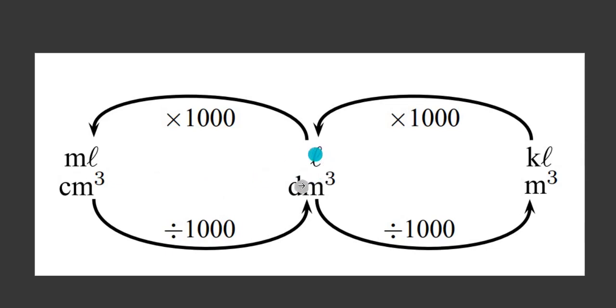You should know that 1 liter equals 1 cubic decimeter, and if they give it to you in milliliters, you will know that 1 milliliter equals 1 cubic centimeter, and to convert to cubic decimeters, you simply divide by 1,000. The same is true here. If they've given you your volume in kiloliters or in cubic meters, and you want to convert it to cubic decimeters, you just need to multiply by 1,000.